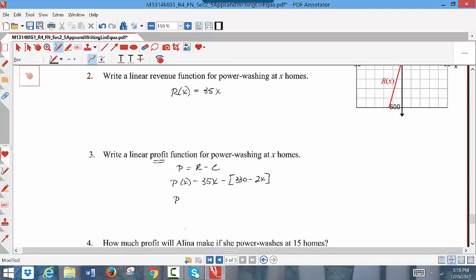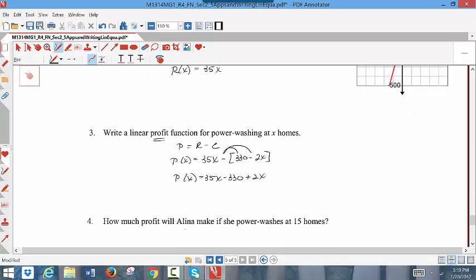So her profit is going to be 35x minus 330 minus 2x when you distribute this minus sign. So one more time, her profit is 35x minus 2x, which is 33x, minus 330.